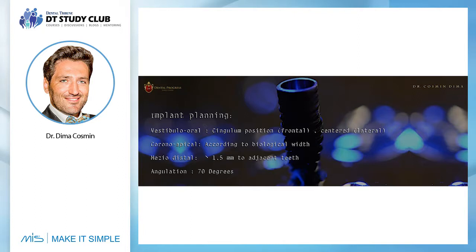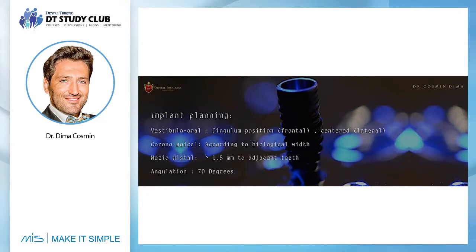And this is very, very important when we insert the implant immediately post-extraction, because the bone will remodel, and if we don't keep in mind the remodeling according to biological width, we can end up with the implant outside of the bone and sometimes outside of the soft tissue, which of course is very bad.